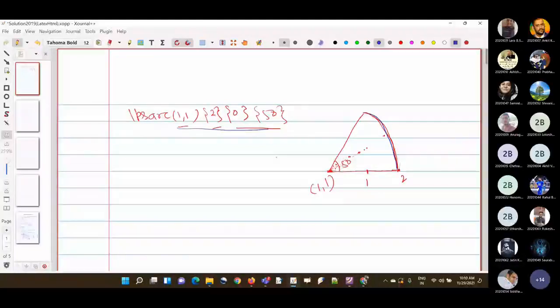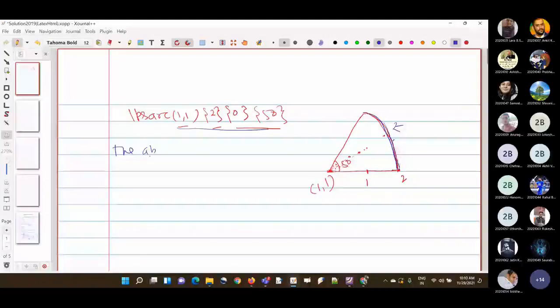In your copy, make this kind of picture, then give some color, and write that this arc is going to be displayed when we use this command. If you are writing the above command, it means you have written this command in your copy. Otherwise, you write the given command.